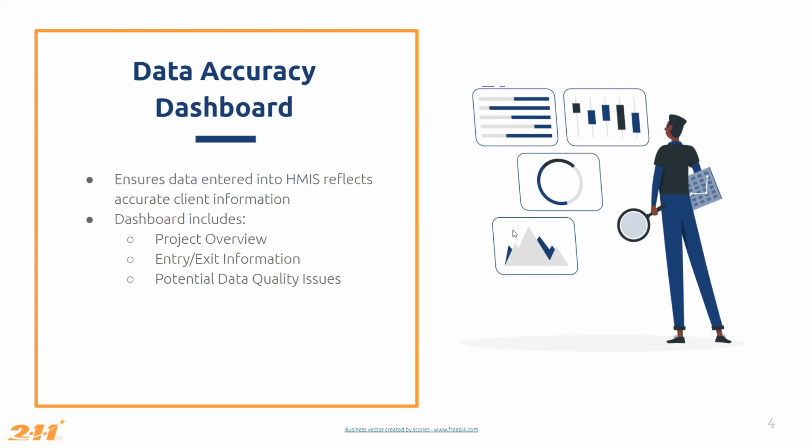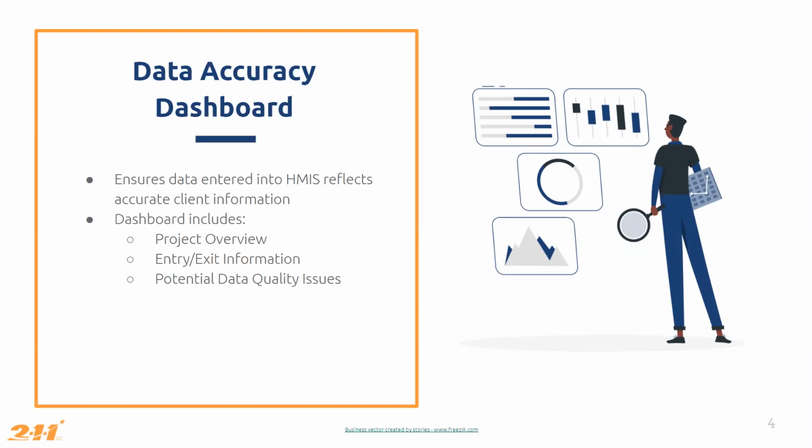So the data accuracy dashboard has 3 different sections. The first is a project overview. So this is looking at demographic information for the clients in your projects, as well as just total active enrollments.